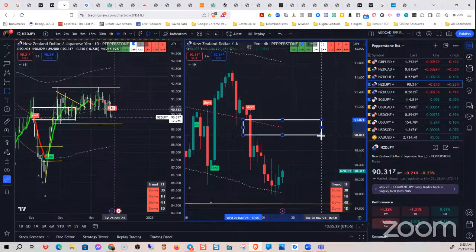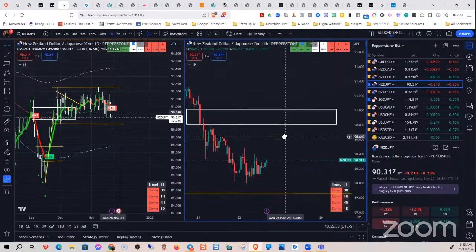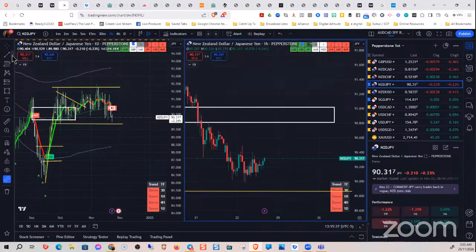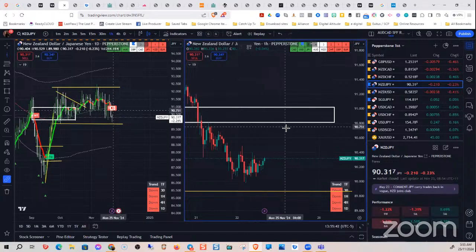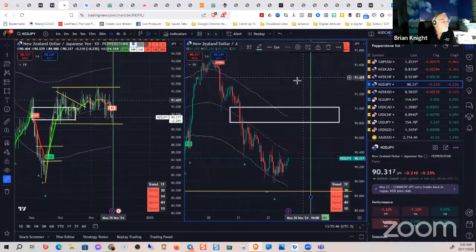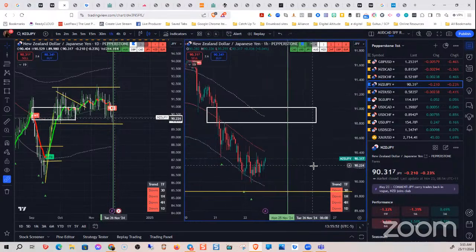Now drop down to the 1 hour. Mark your 10 a.m. spot. Yep, will do. And then start marking fair value gaps as you go. You're looking for shorts, right?